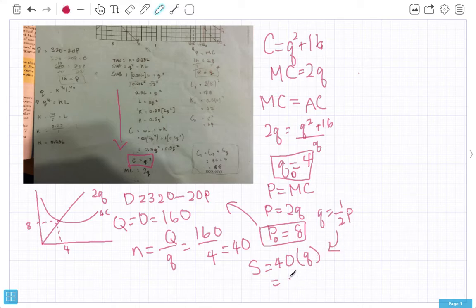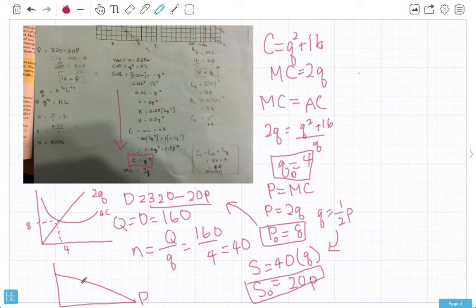So you'd have S equals 20P. This is your initial state supply curve. So you'd have a demand curve given by 320 minus 20p, so that's your demand. And your supply initial would be 20p.